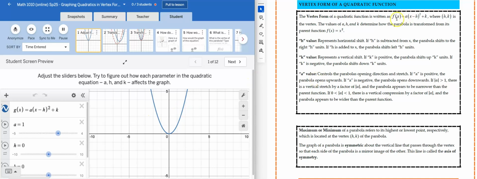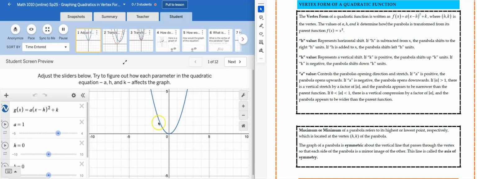So notice that this is the vertex form of a quadratic, and that's what we're specifically talking about today. Notice that there's an A, H, and K, and there will be numbers put in those places.